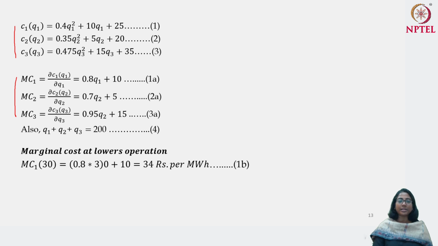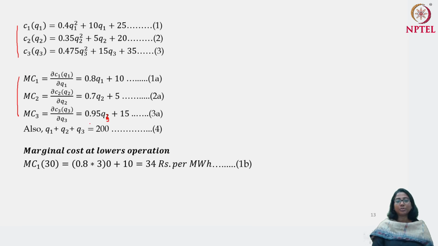I am calculating the marginal cost at Q1 equal to 30 for the first one, Q2 equal to 30 for the second one, and this should be Q3 here, so 0.95 Q3. I'm setting that equal to 30.